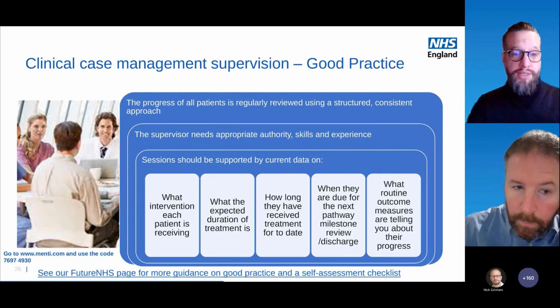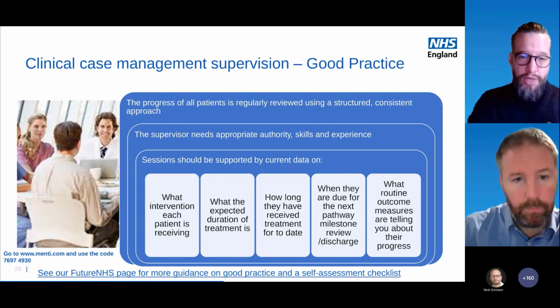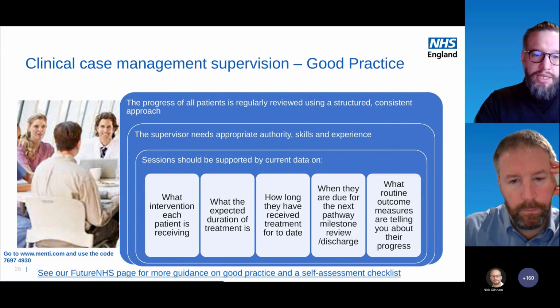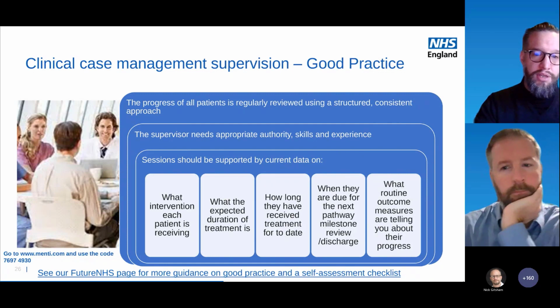So then bringing these things together, using the estimated durations of treatment and the criteria for discharge, your governance structures need to oversee data that is reported up from caseload management supervision on where, why, and in what quantities patients are exceeding the estimated treatment duration but remaining in the same treatment, or are having changes to treatment, or are discontinuing treatment without achieving recovery goals, or are getting vastly different treatment doses between services and clinicians.